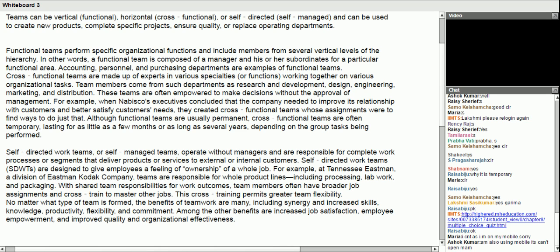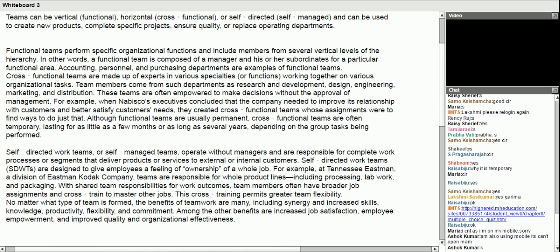Okay, you can do one thing, Ashok Kumar and Maria. You can just save the link, and once you go home, you can just solve it. Okay, is it clear, everyone?